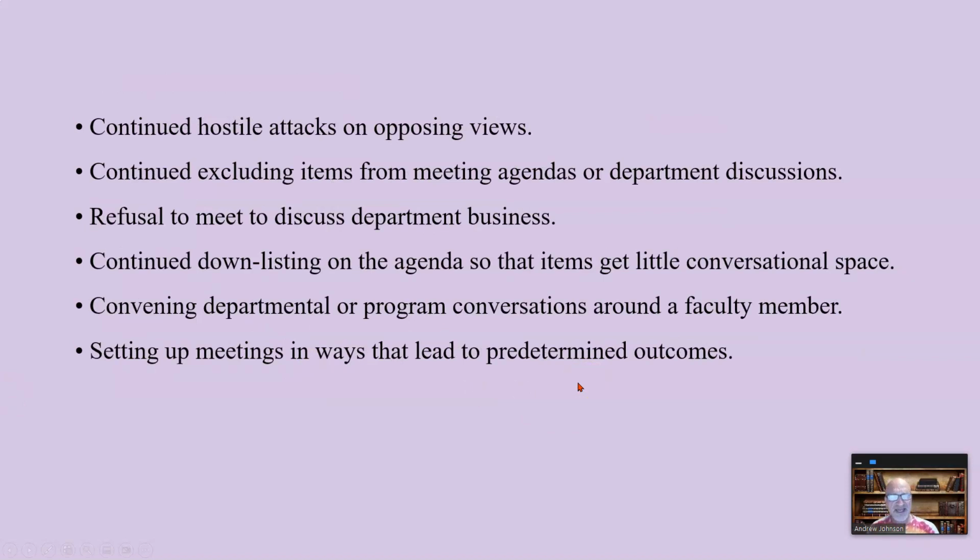Continued hostile attacks on opposing views. Continued exclusion. Continuing excluding items from meeting agendas or department discussions. Refusal to meet to discuss department business. Continued downlisting on the agenda so that items get little conversational space.